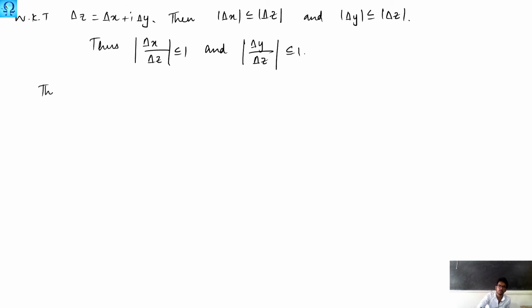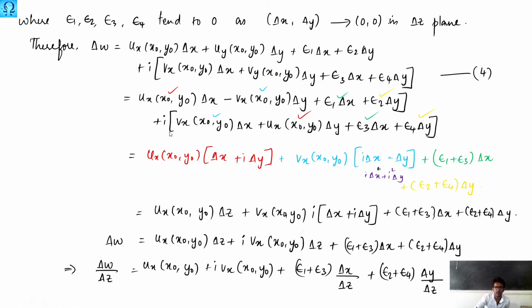Therefore, absolute of epsilon 1 plus epsilon 3 times of delta x upon delta z may be written as absolute of epsilon 1 plus iota times of... actually, I have missed iota somewhere, right? So yeah, here we have iota, so here we would have plus iota times of epsilon 3, and here also the same, plus epsilon 2 plus iota times of epsilon 4 plus iota times of epsilon 3 plus iota times of epsilon 4.